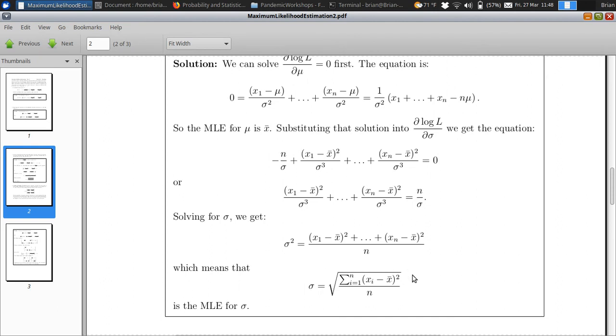It's got a problem. It's actually biased, which means that if you use this estimator, you're going to, on average, come out with a number that's a little bit too small. It's actually smaller than what you really want. And so to get the right estimator, we actually end up dividing by a different number here, and we go with something that's not maximum likelihood, but it's optimal in a different way.